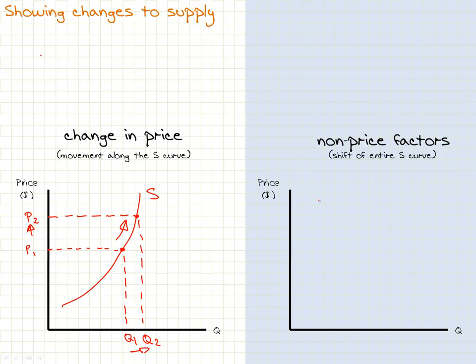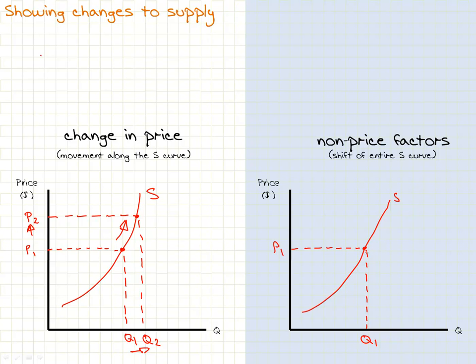Now if there's a factor other than price, just like demand, a non-price factor results in a shift of the curve because price has not changed, so we can't show it as a movement along the curve. We must actually move the whole supply curve because firms are now willing to supply more or less at every price. So let's do an example. We've got price 1, Q1, and let's say firms have got better technology, so their costs of production have gone down.